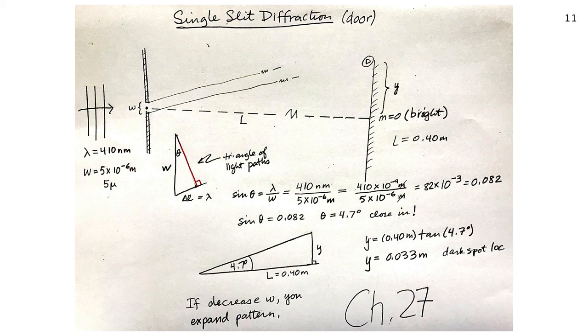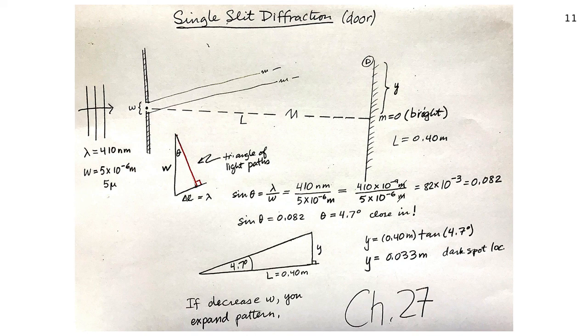Now, if you decrease the width of the opening, you'll expand the fringe. You'll expand the pattern, just like we mentioned with the green laser. So if you decrease W, you expand the pattern in general.